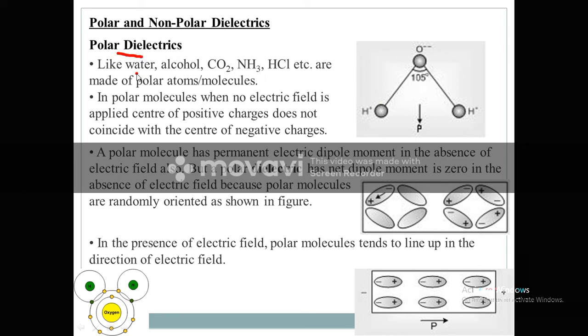Water has two H ions, positive, on one side and O, negative, on the other side, with an angle of 105 degrees. No matter whether it is placed in an electric field or out of it, the angle remains the same.